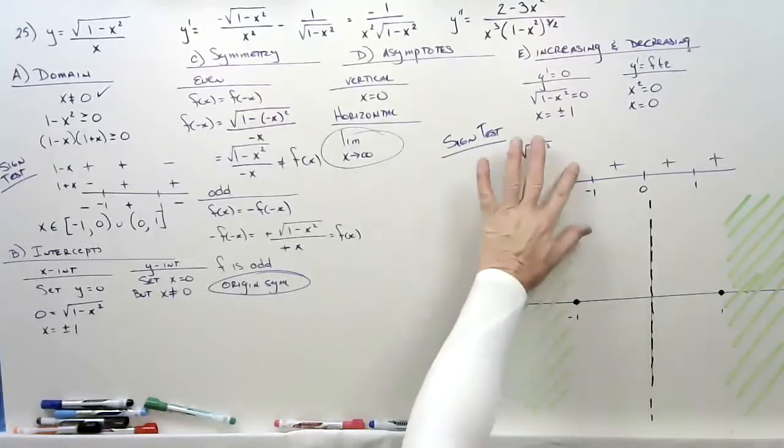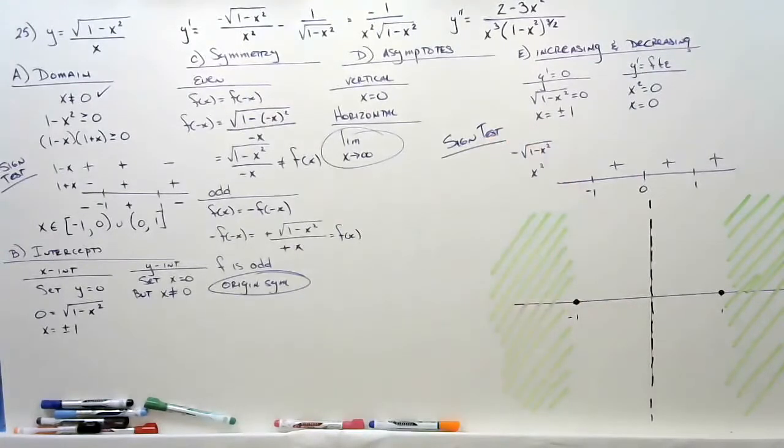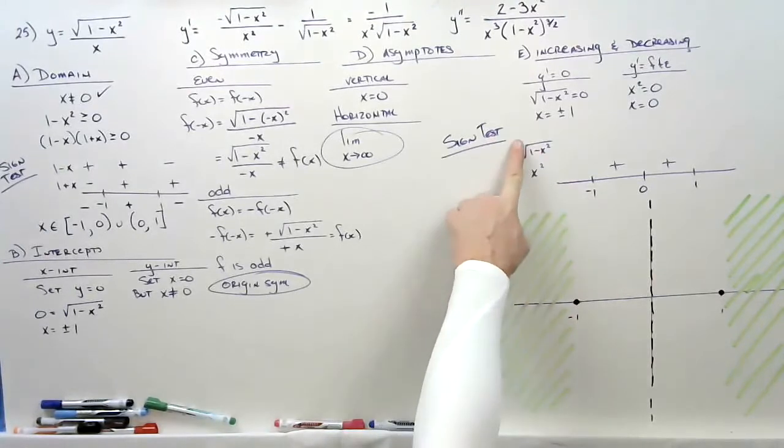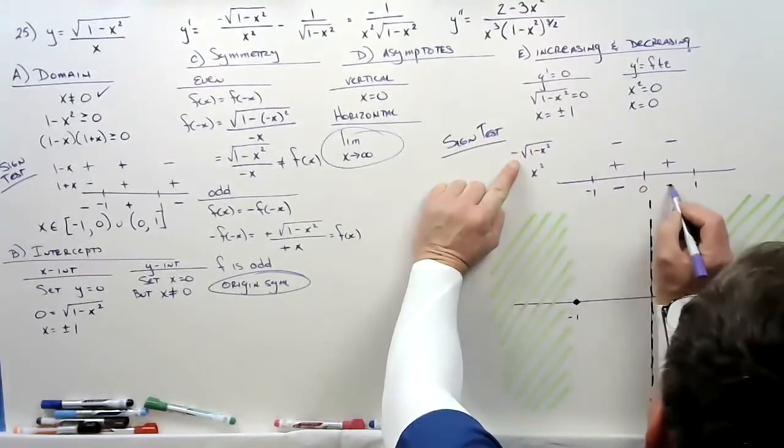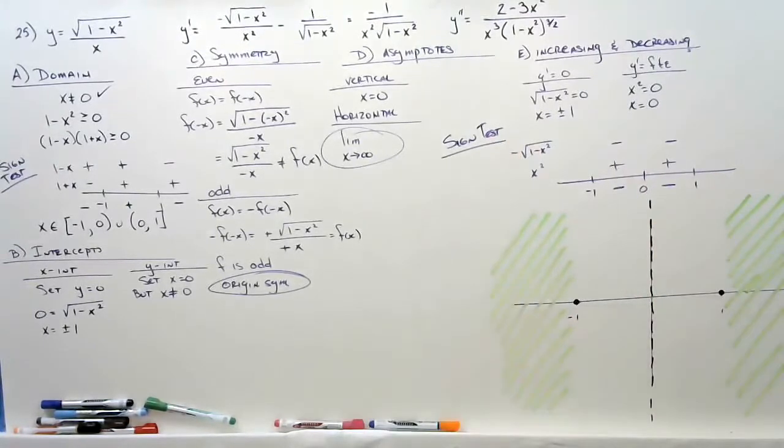We don't have any points on that side of -1. We don't have any points on this side of +1. That's all we got to worry about. Now, square roots are always positive. If you multiply by a negative number, you get a negative. This is negative and this is negative. So f is always decreasing.